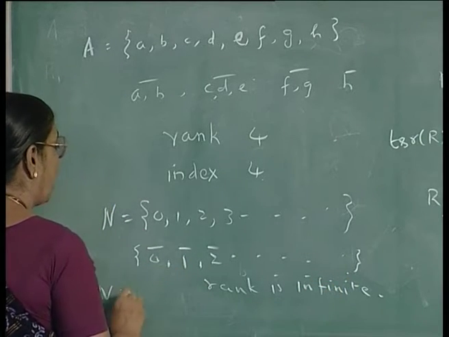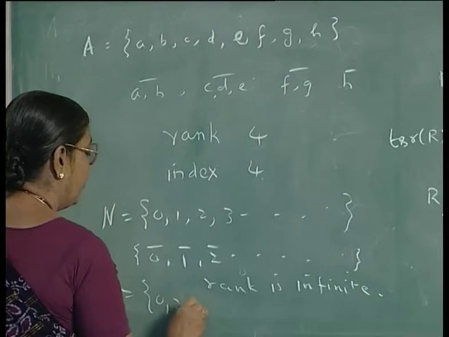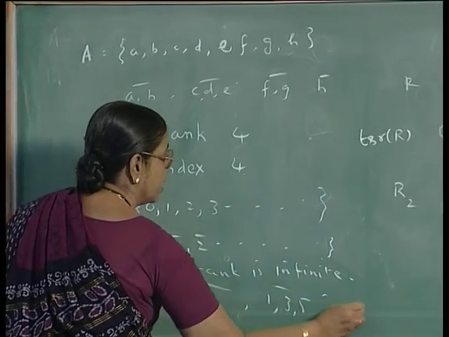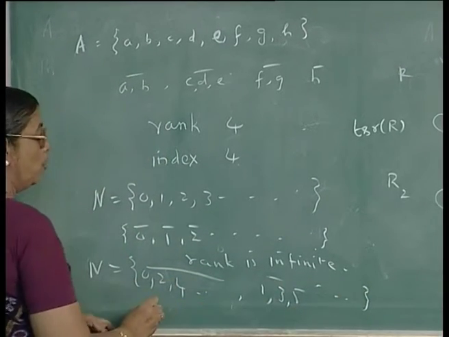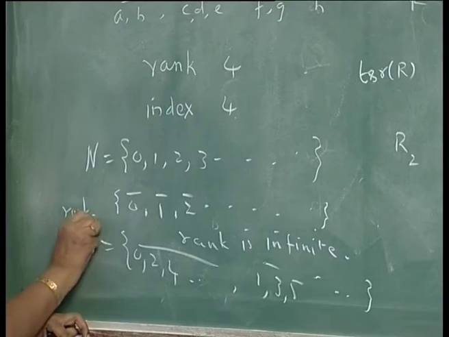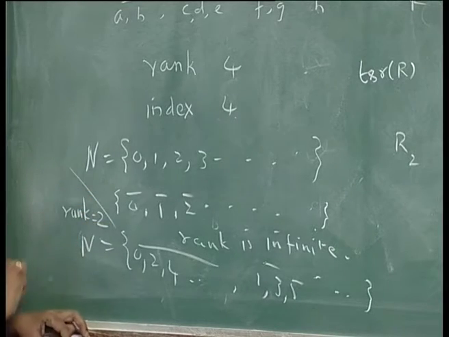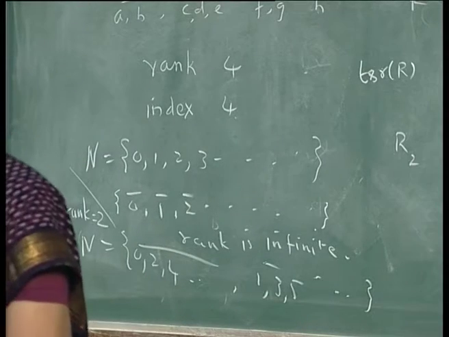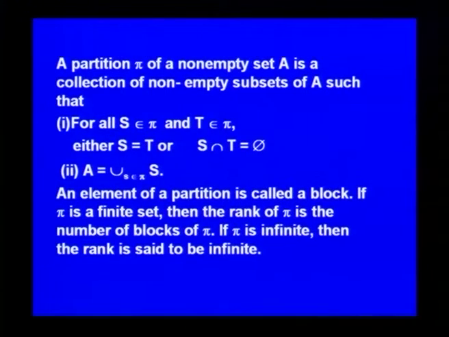If you put all the odd integers in one block and all the even integers in one block, we are having only 2 blocks, then you say that the rank here is 2. But if it is a finite set, obviously the rank has to be finite only.